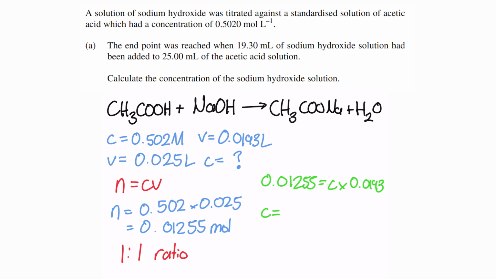Therefore, C is equal to 0.01255 on 0.0193, which equals 0.6502 moles per liter. And that's to 4 significant figures, as 4 significant figures is the lowest number of significant figures in the question.